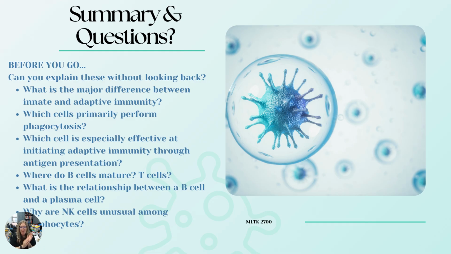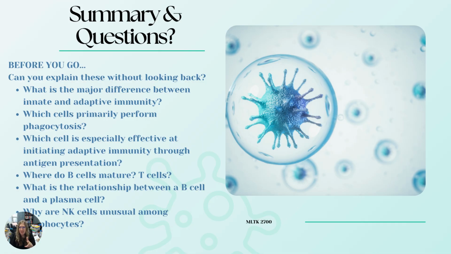All right. So before you go, I just want you to think back and challenge yourself. See if you can explain these terms without looking back. So, for example, what is the major difference between innate and adaptive immunity? Which cells primarily phagocytize?